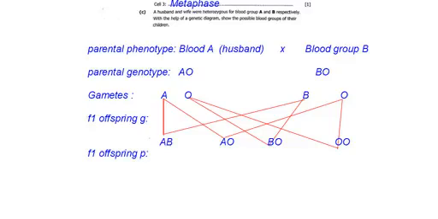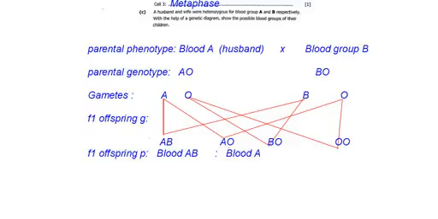So you can see the first one here is having blood group AB. Sorry that I have not indicated here, blood group AB.